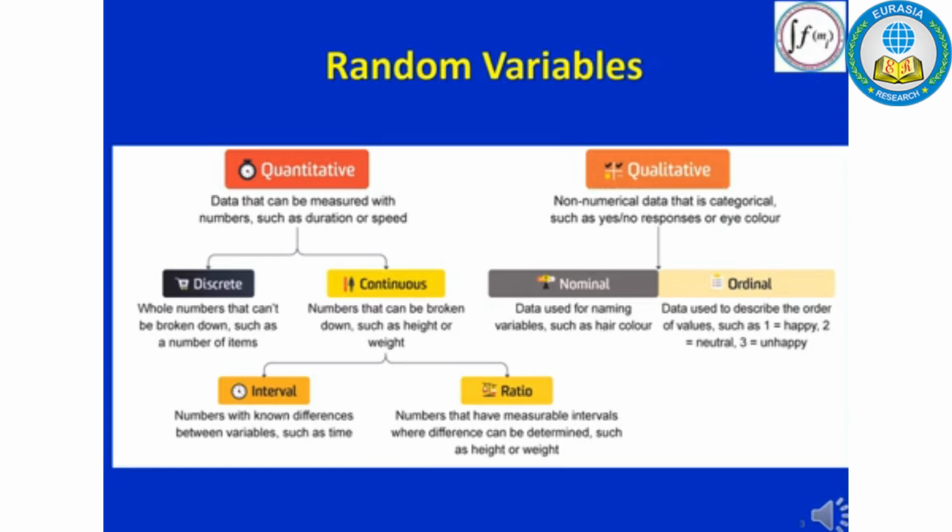Interval and ratio scales are used to measure the quantitative variables, and nominal and ordinal scales are used to measure the qualitative variables. Psychometric variables are qualitative variables measured by the ordinal scale. I am repeating, psychometric variables are qualitative variables measured by the measurement scale ordinal.